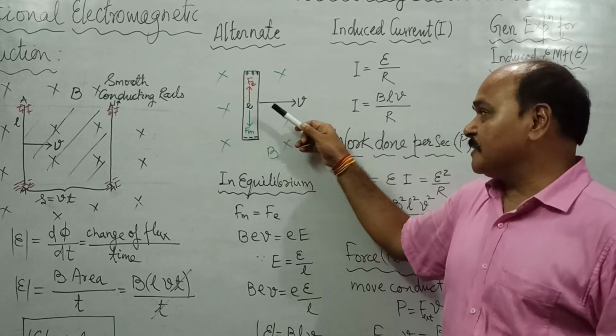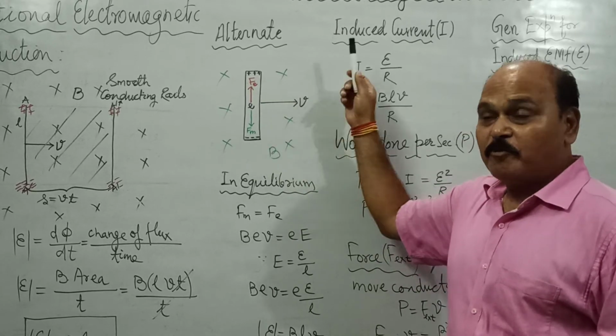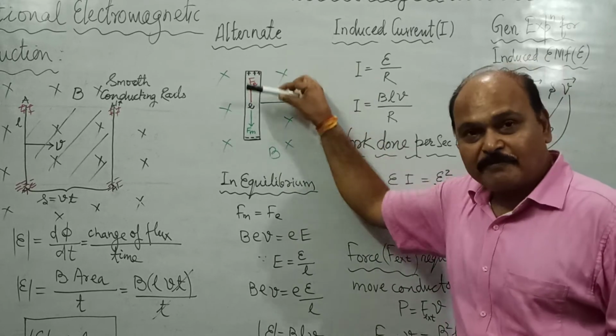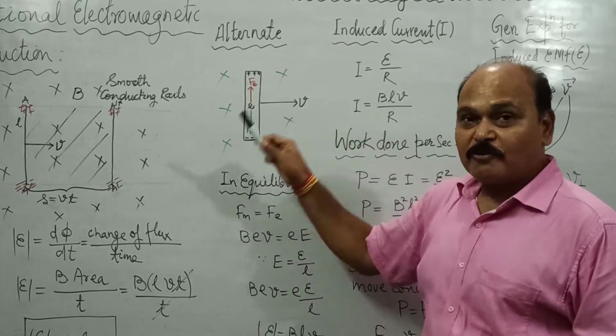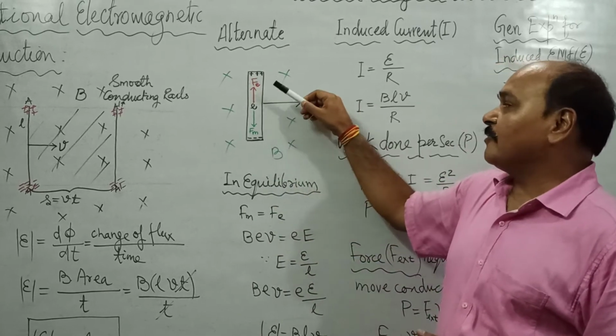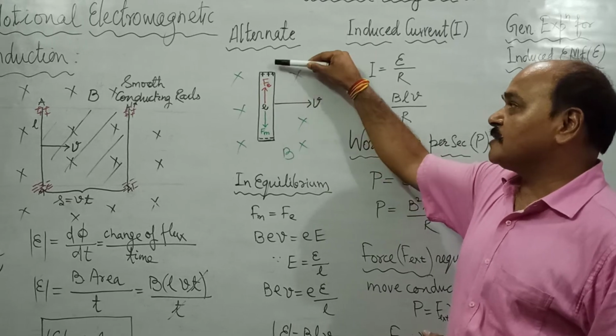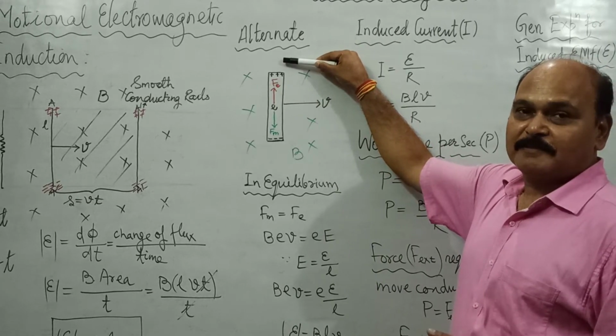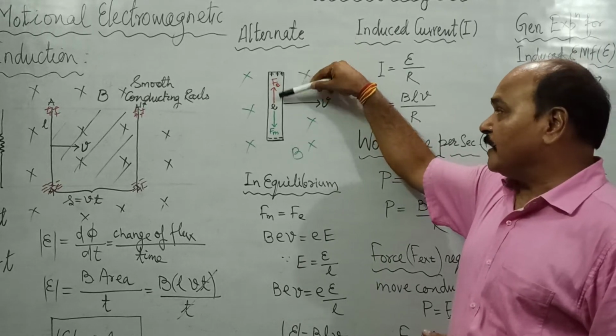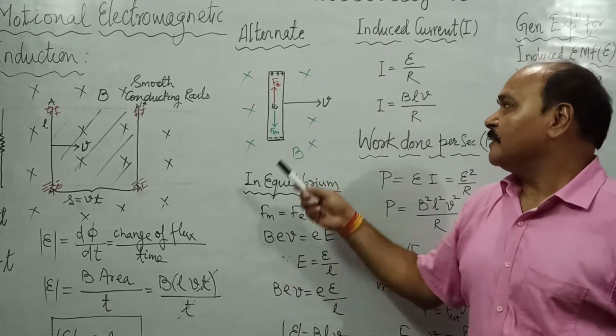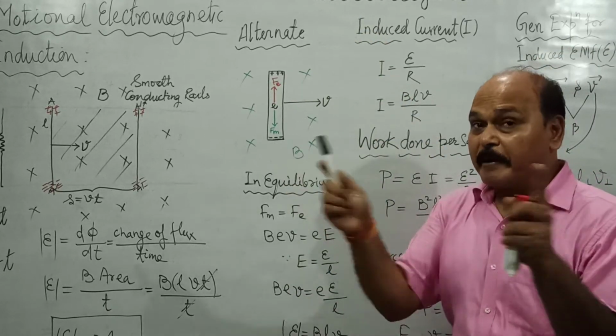Because of magnetic force, there is electric polarization, and the moment there is electric polarization, an electric field is set up in the conductor, and by virtue of that electric field, every electron experiences electric force towards this positive charge.